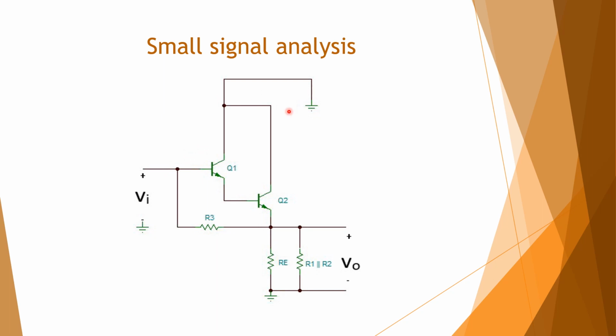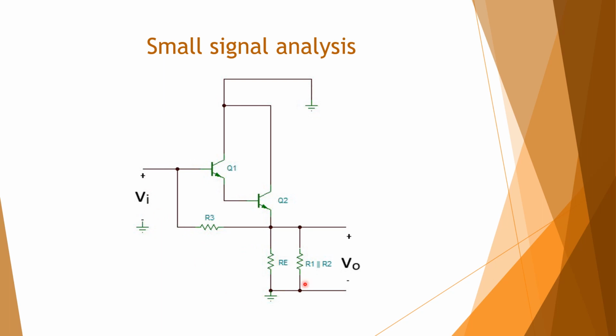So this is the small signal analysis of the bootstrap amplifier, where VCC is shorted to ground, and R1 and R2 come in parallel, and they come in parallel with RE because the capacitor is shorted like this. R3 is a resistor connected from input to output. So this is the Miller resistance, connected from input to output.